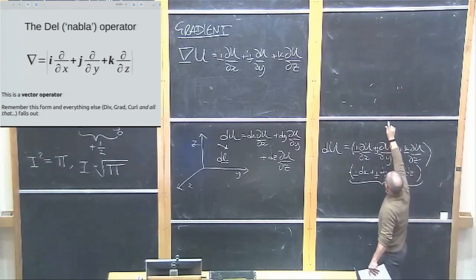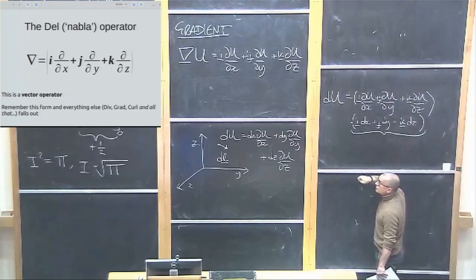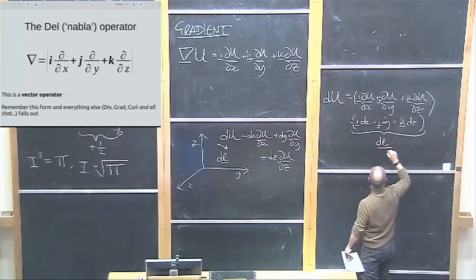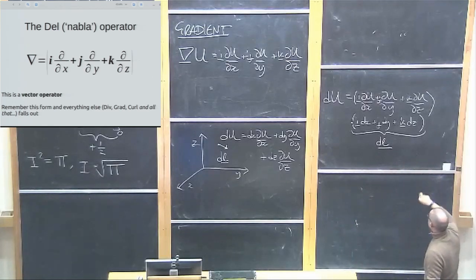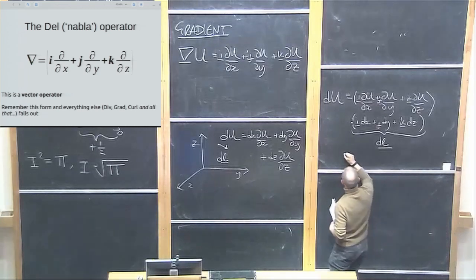That's the vector which represents how far you've moved in your scalar field. Then I see that the dot product of the gradient with this dl equals du.